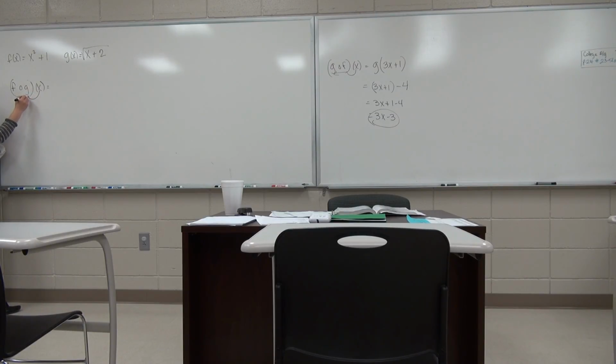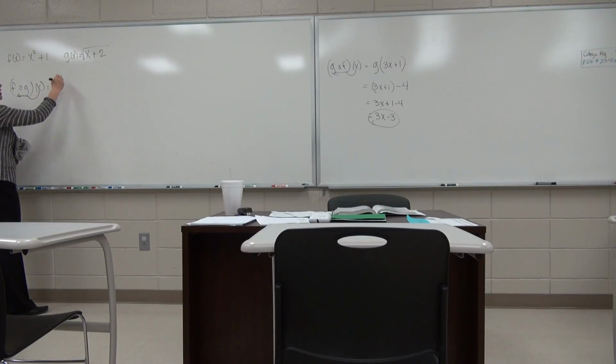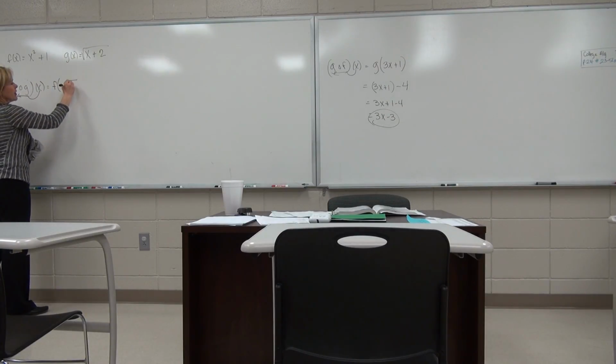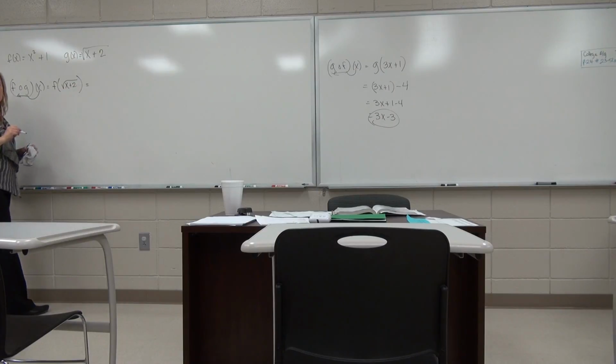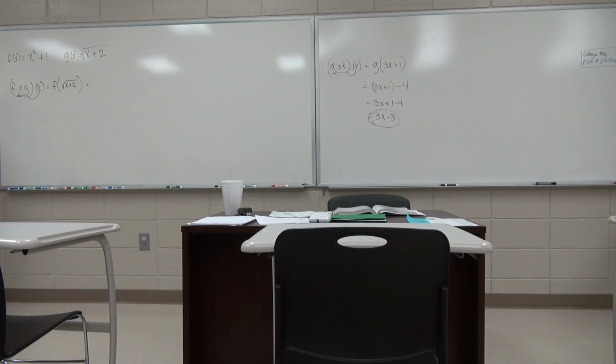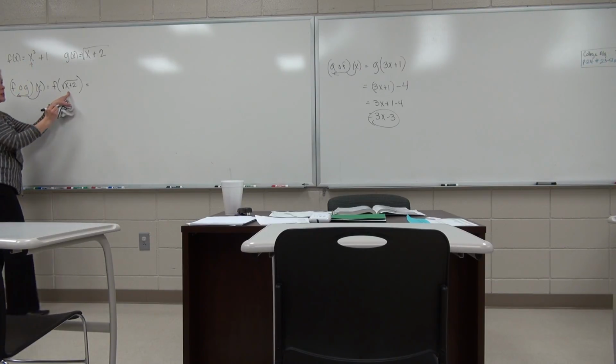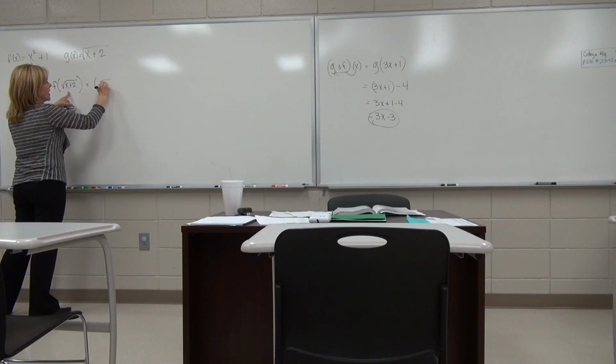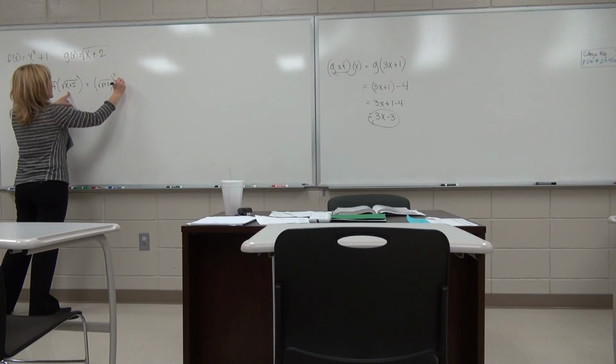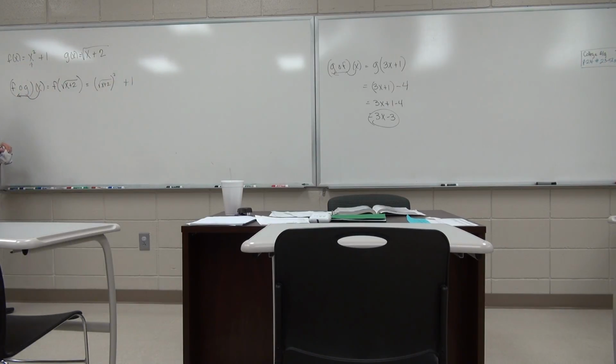My g of x function goes inside of my f function. So I'm going to find f of g of x, which is f of the square root of x plus 2. That means right here where there's an x in f of x, I need to put the square root of x plus 2. So that's the square root of x plus 2, squared, plus 1.